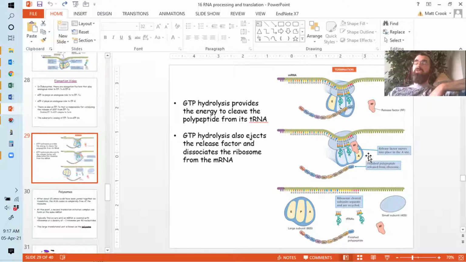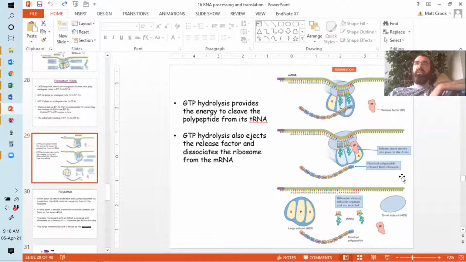The release factor's job is to promote the final hydrolysis of the bond between the last amino acid and the last tRNA in the P site, and also to dissociate the ribosome from the mRNA. The release factor promotes both of those, also with the aid of GTP again.